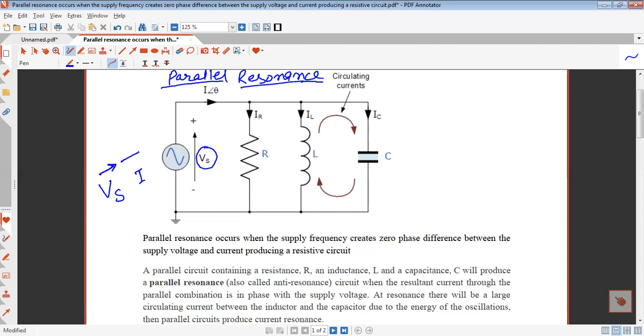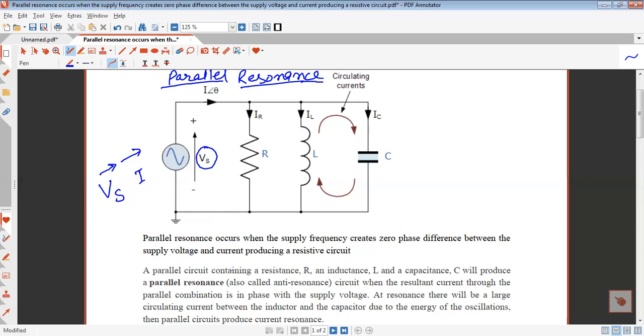Voltage and current are both in phase, so resonance will occur. This is the definition. As in series resonance also, there is no phase difference between supply voltage and supply current. Same way here, if resonance is occurring, there will not be any phase difference between the voltage Vs and current I. So we have to study how we will achieve this, and the frequency at which this condition occurs is called the resonance frequency.